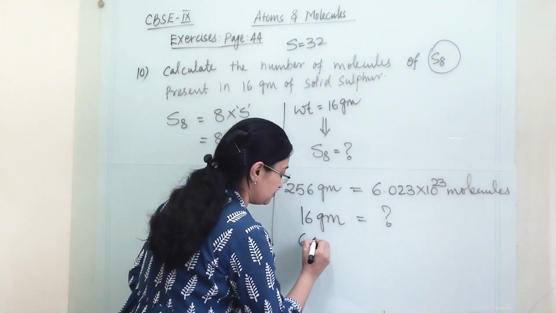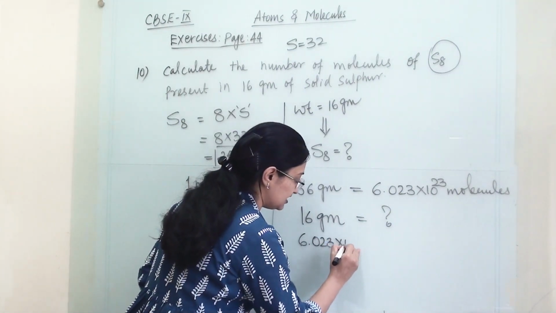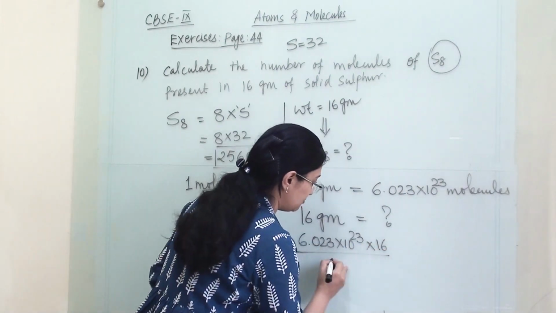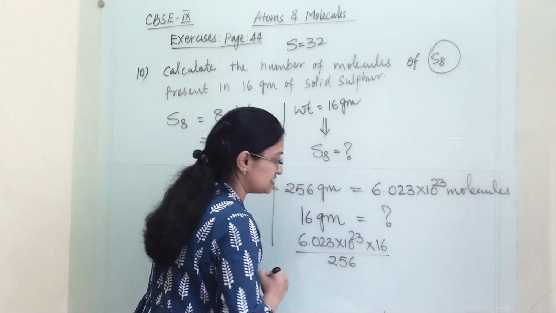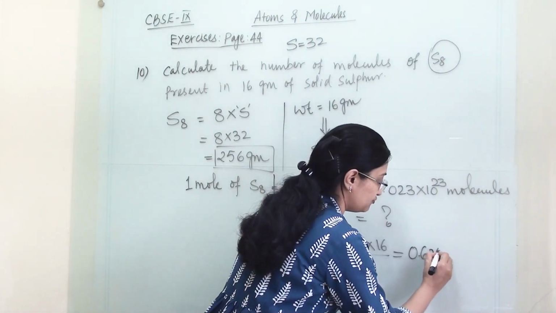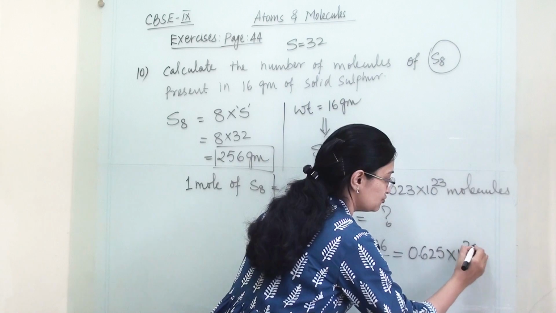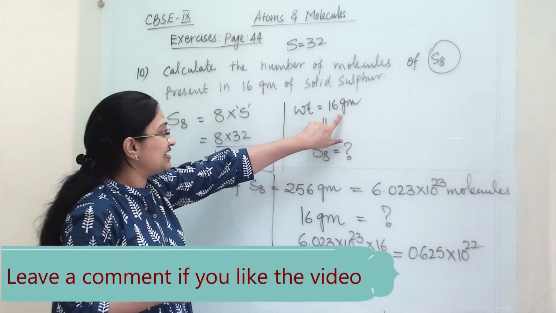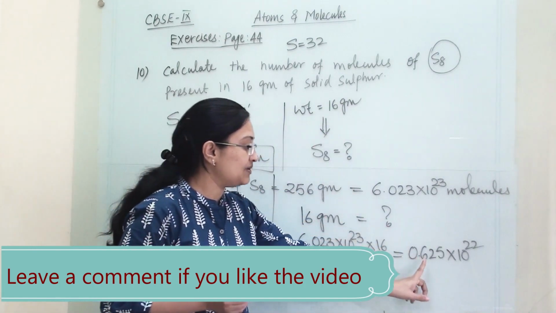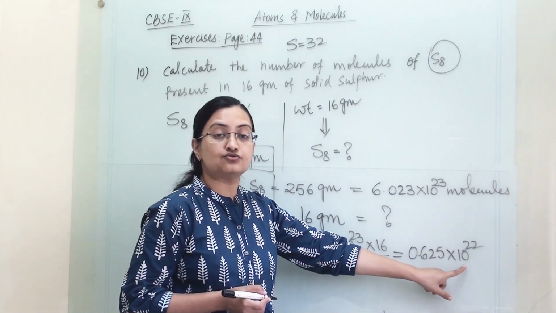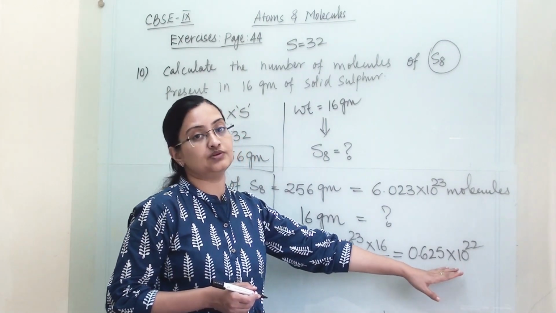So 6.023 × 10^23 into 16 divided by 256. So the answer is 0.625 × 10^22. So in 16 gram of sulfur there will be 0.625 × 10^22 molecules present.